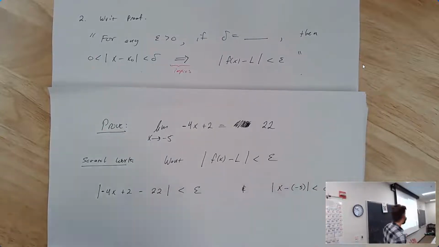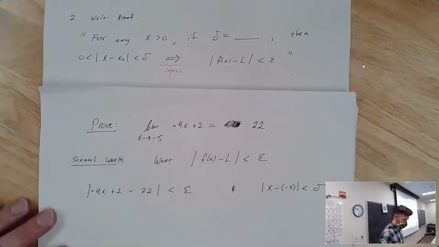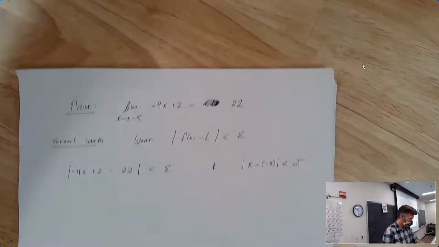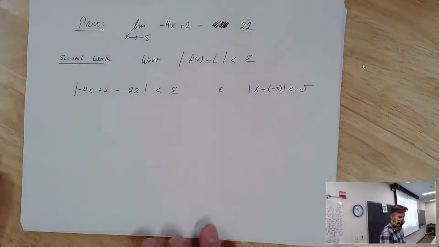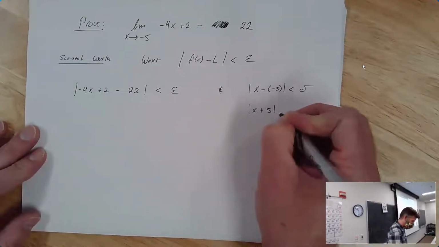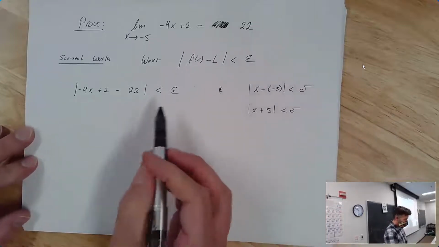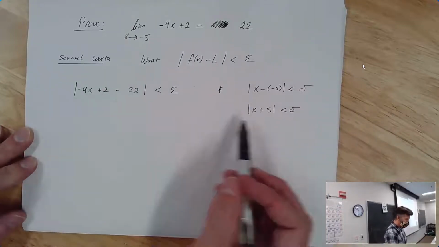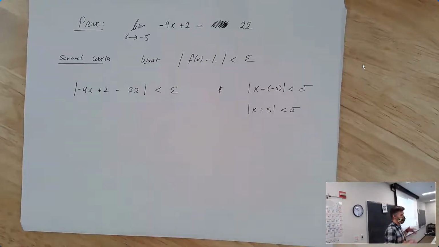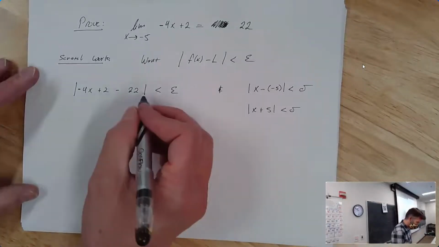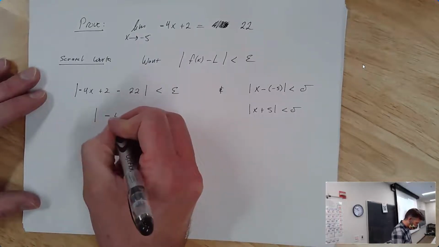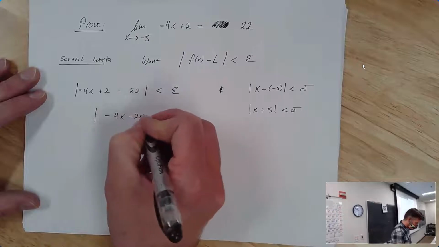Those are the two things we want to go together. That's the absolute value of x plus 5 less than delta. We need to work with this to get the same thing showing up. It's not hard when it's a line, and lines are the nicest thing you can have. So I'm going to simplify to the absolute value of -4x minus 20.